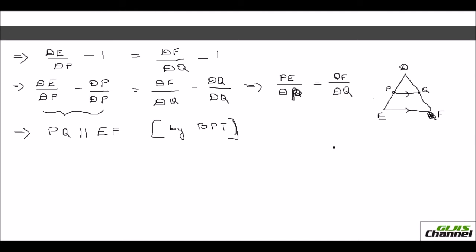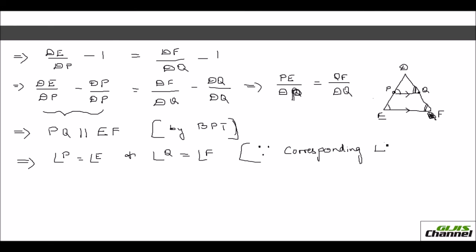Now since these two lines are parallel, we can say that angle P is equal to angle E, because they are corresponding angles, and angle Q is equal to angle F because they are also corresponding angles. So angle P equals angle E and angle Q equals angle F, corresponding angles.